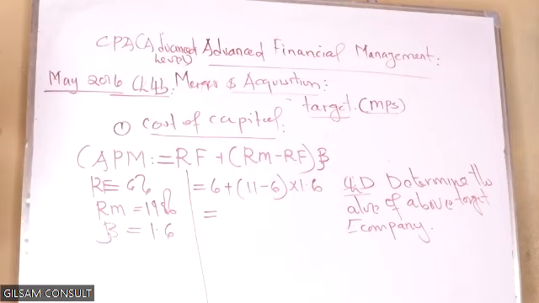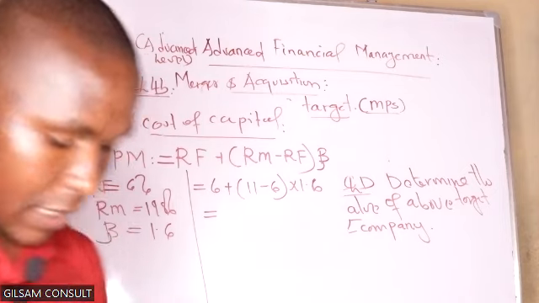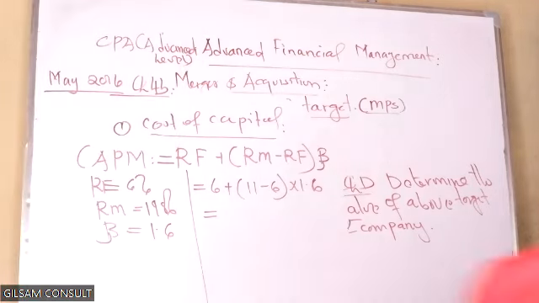So how much is your beta factor? Here I have to use the calculator. 11 minus 6 is 5, so I take 5 times 1.6 plus 6, giving me 14%.